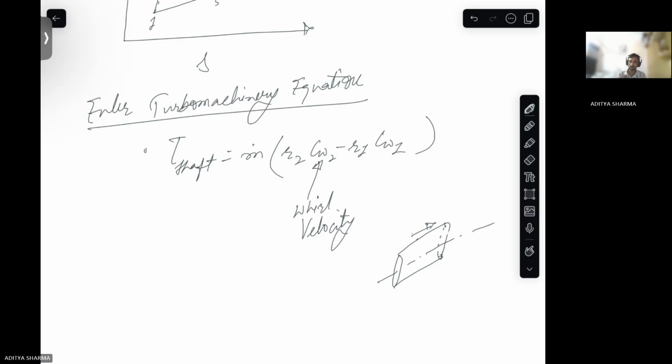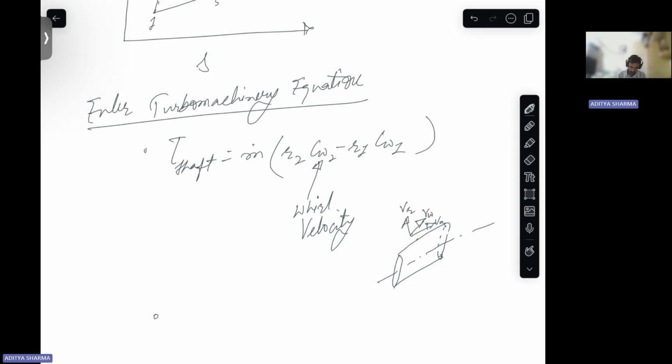That is tangential or whirl velocity. One will be radial. R radial, W or theta tangential, X axial. Or C, you can write C also.